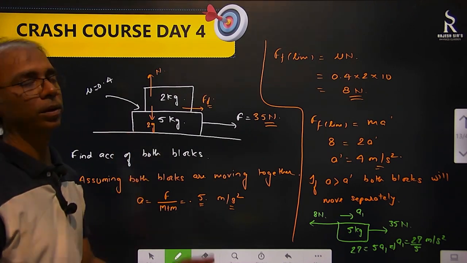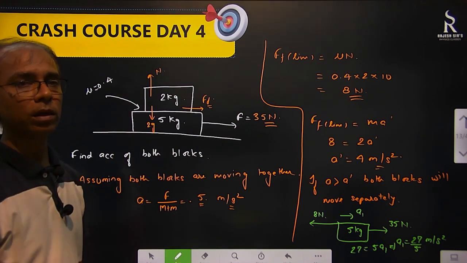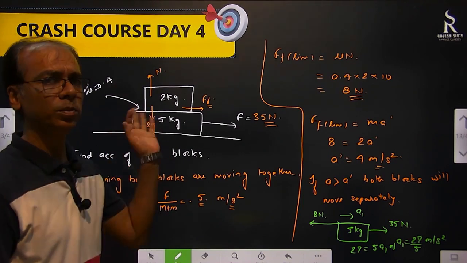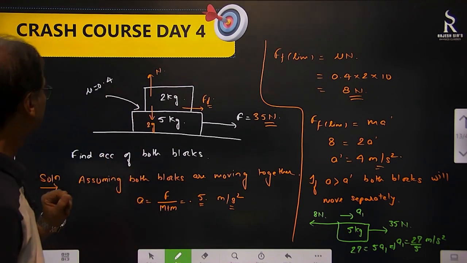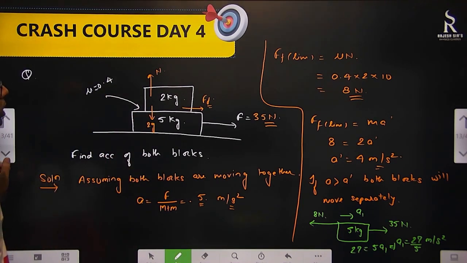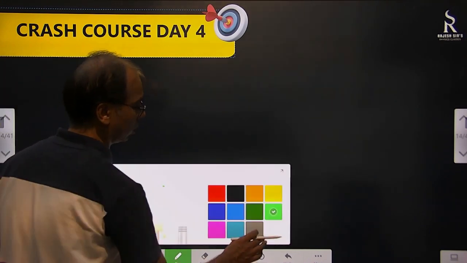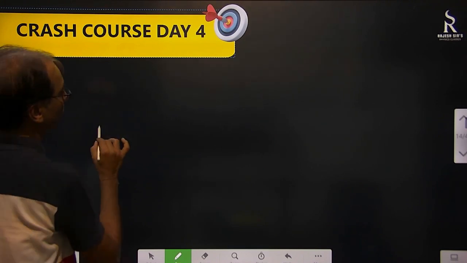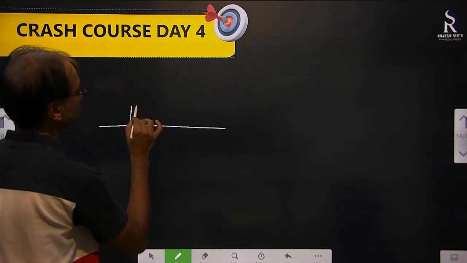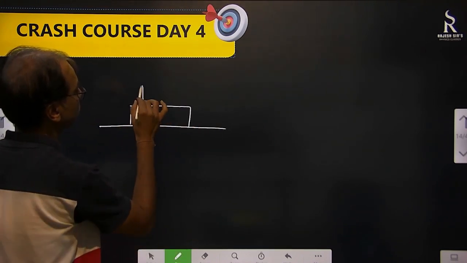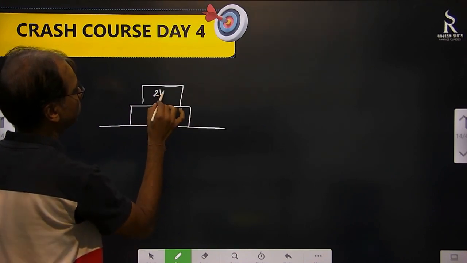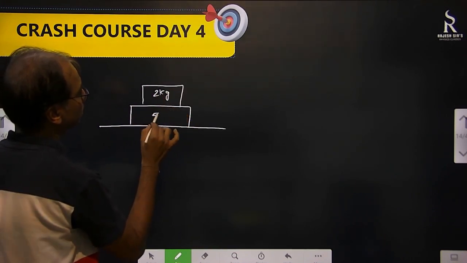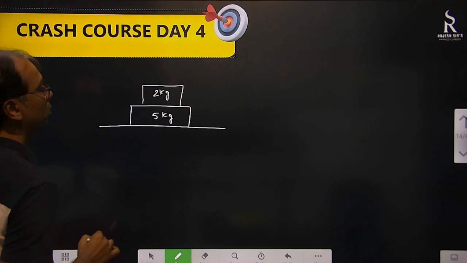Block on block. Okay. Only 2 blocks are there in our syllabus. Both I discussed. Now, one more case is there on block on block. When the force you are applying on the upper block. You are applying the force on upper block. Same values I am taking. I am not changing the values. Okay.